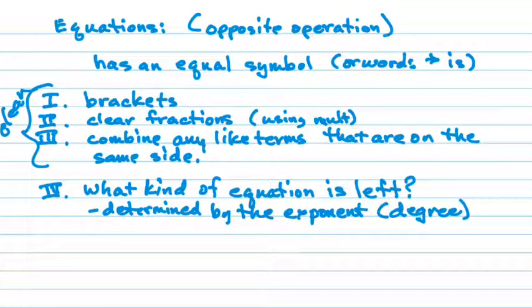And we need to undo that exponent. That's the basic idea behind it: you're just trying to undo it to turn that thing into a plain old X or a plain old Y. Your whole goal is to get X equals something, or Y equals something, or A equals something, depending on the letter that they give you.